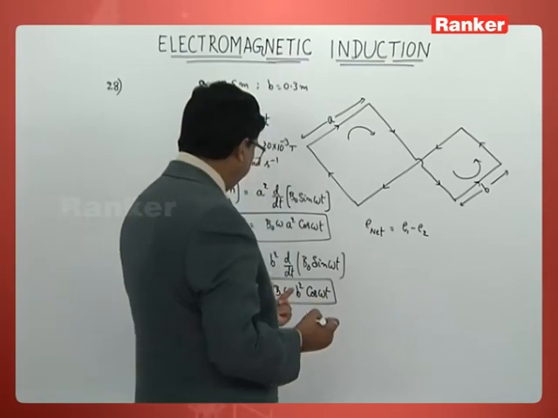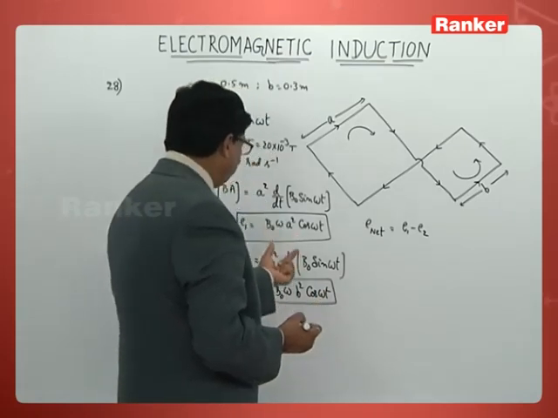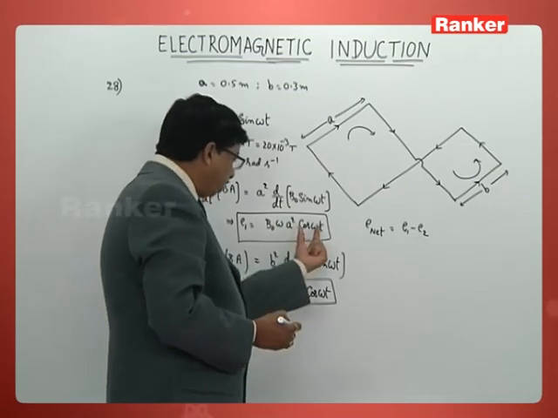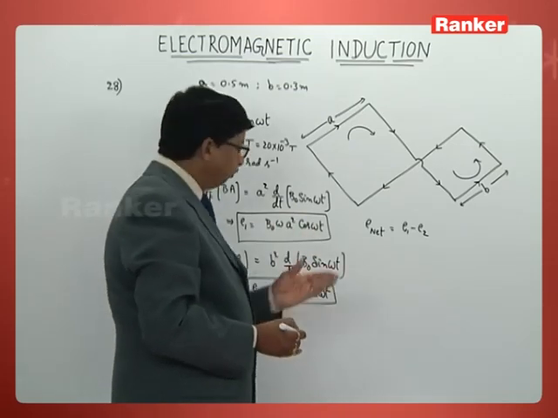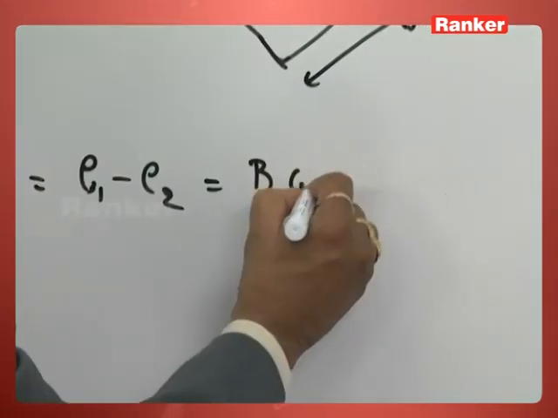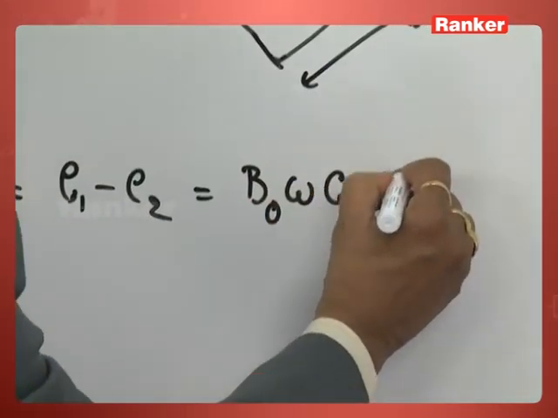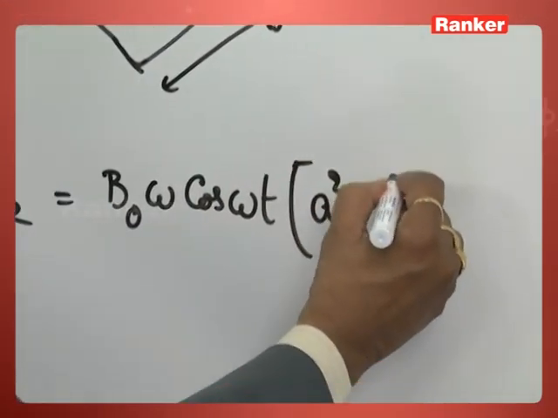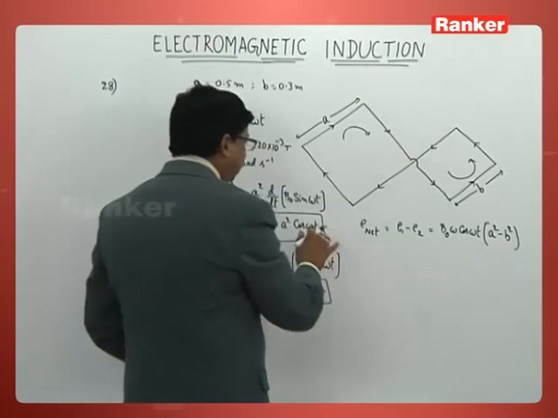What will I get? E1 minus E2 means what we can take common? B naught common, omega common, cos omega t common. So what can I write directly? B naught omega cos omega t into A square minus B square. That is the value I can write.